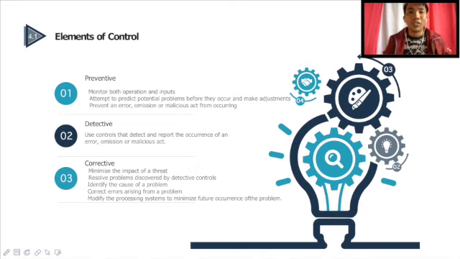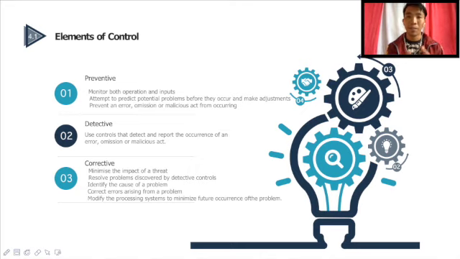Next element of control could be detective. Are our information systems equipped with controls that detect and report the occurrence of an error, omission, or malicious act?